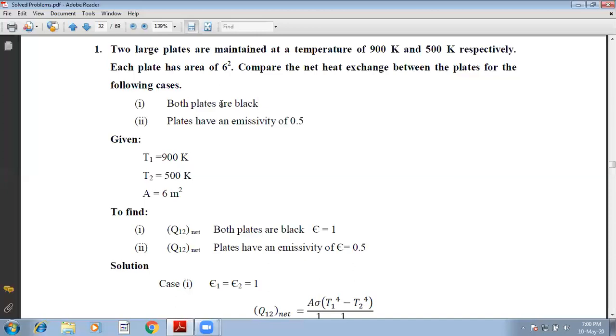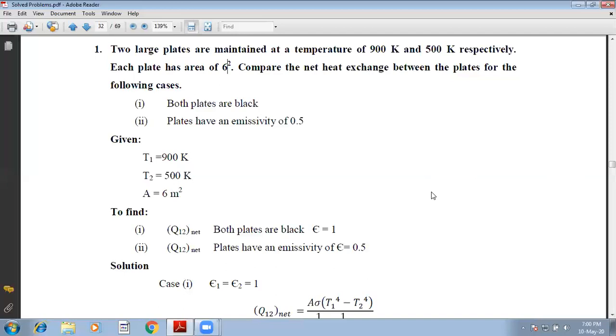Now he has given the area to be 6 meters square. Please make this correction. It is 6 meters square, not 6 square. And he has given the temperature of both surfaces as 900 and 500 Kelvin.